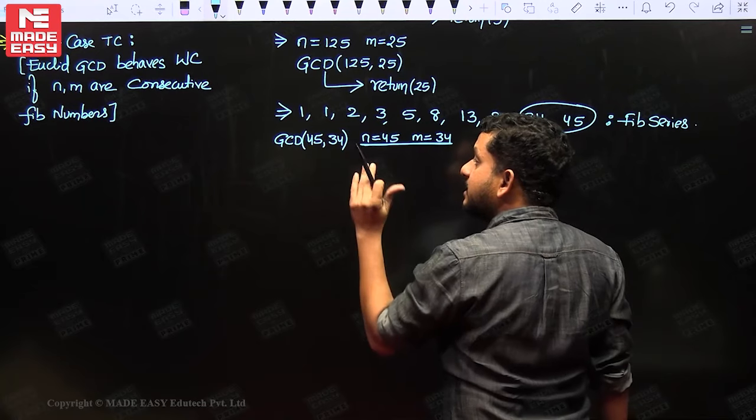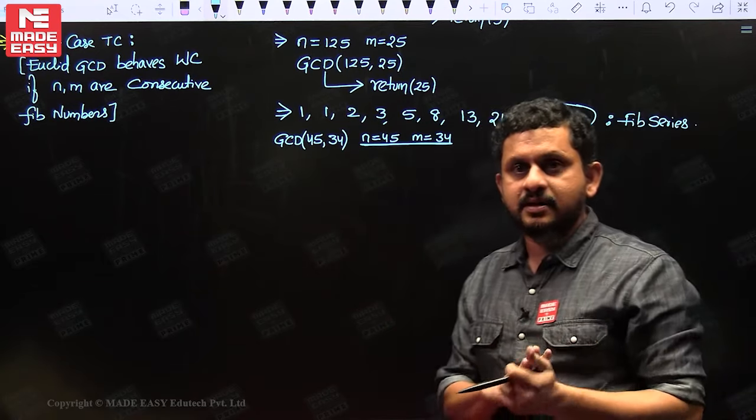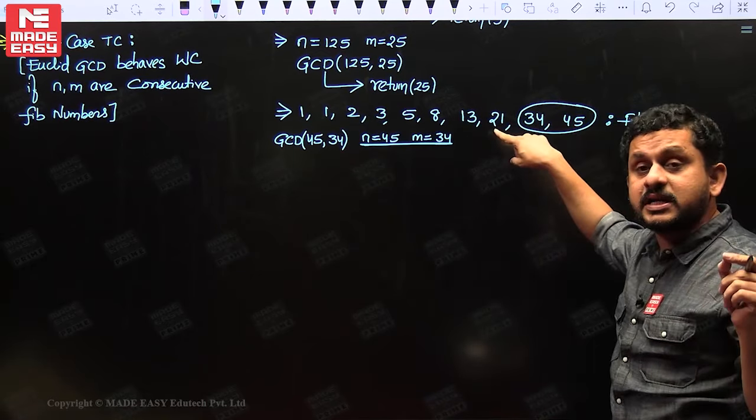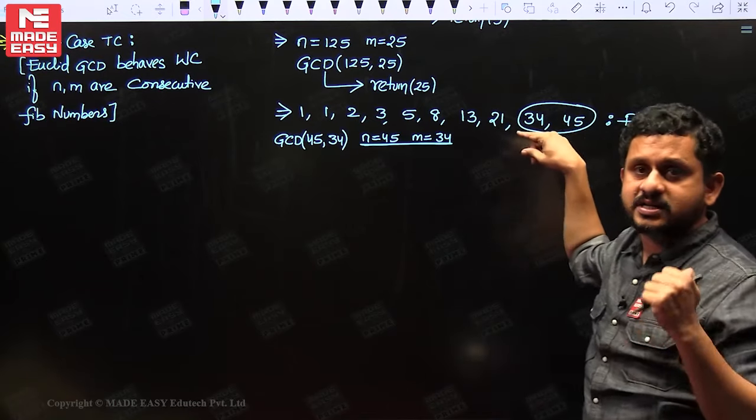See, there is a unique behavior in the Fibonacci series. The previous element is slightly more than half of the next element.